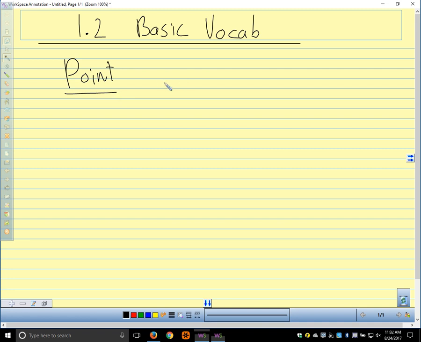A location. We think of a point as a location. If you don't have that on your facts and characteristics part of your graphic organizer, you might want to put that on there. How big is a point? Yeah. No size. So that's a pretty important fact or characteristic.